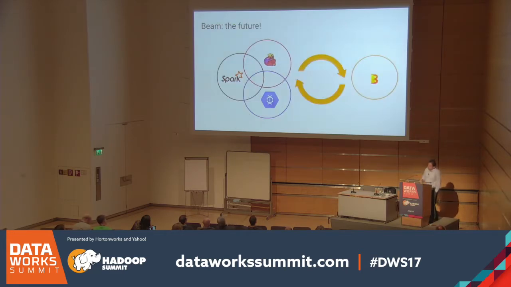So Beam really tries to be at the forefront of where the data processing is going. It provides its own abstractions, its own layers that translate back into runners, that compile into individual runners. So we are both pushing functionality into the runners and pulling data processing patterns out of the runners, right? So I'll give you just a couple of examples.